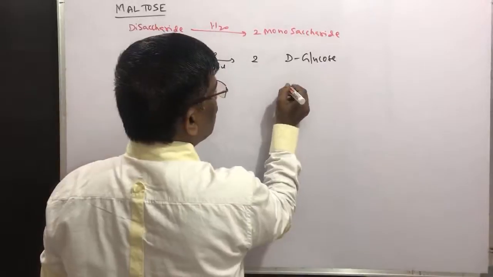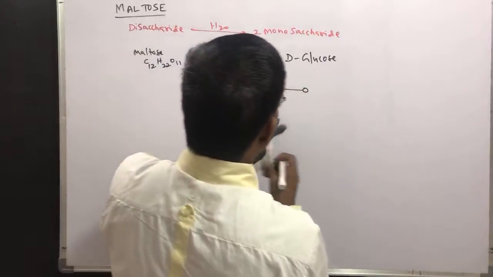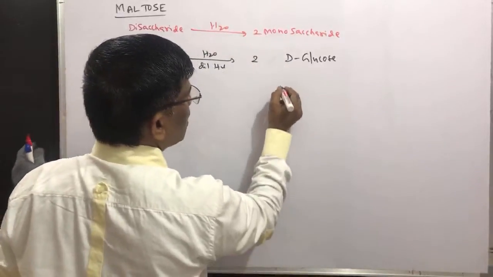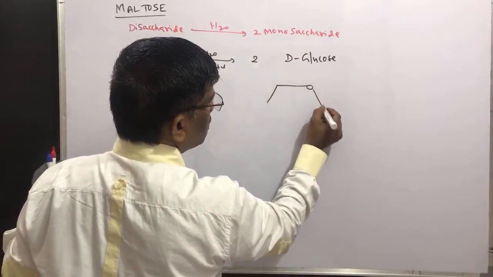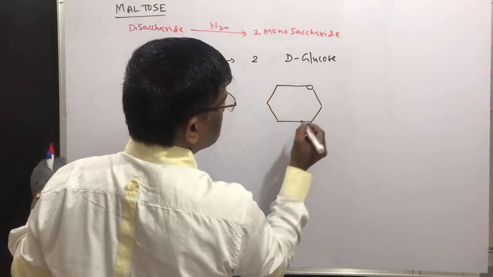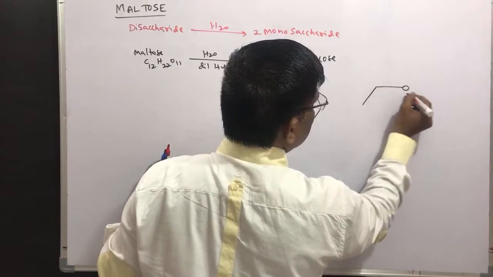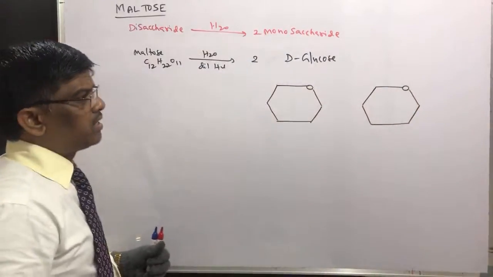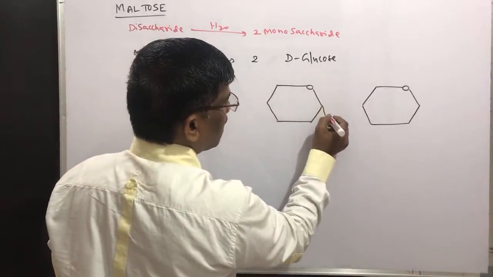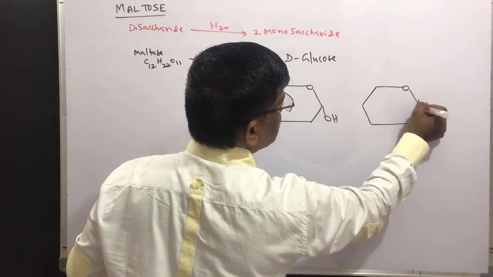Now we know what glucose is. How to write glucose? This is one glucose and it is going to have another glucose. 2 moles of glucose units. Let us stick to 2 alpha glucose molecules.